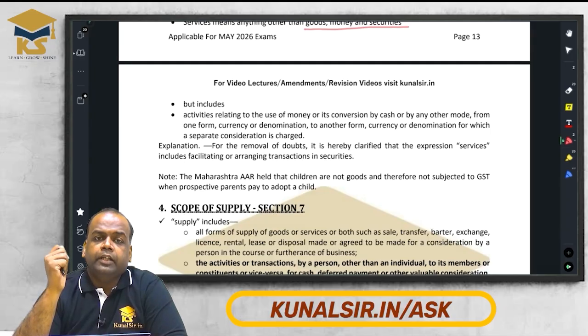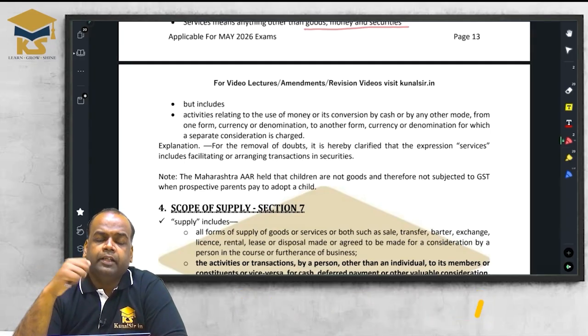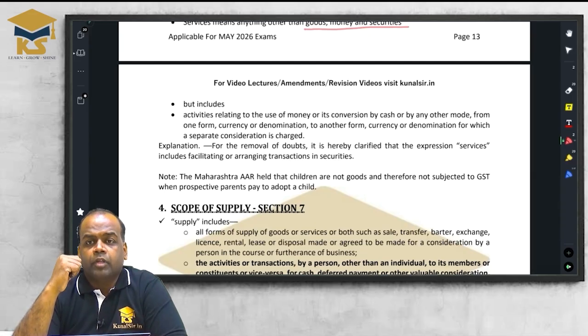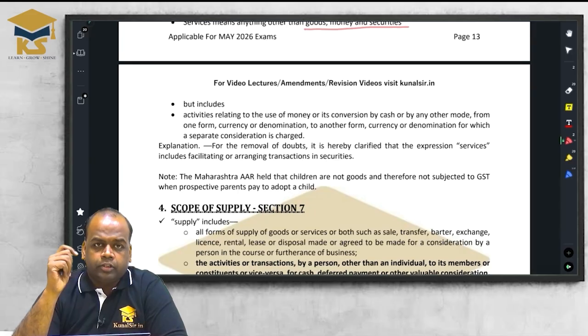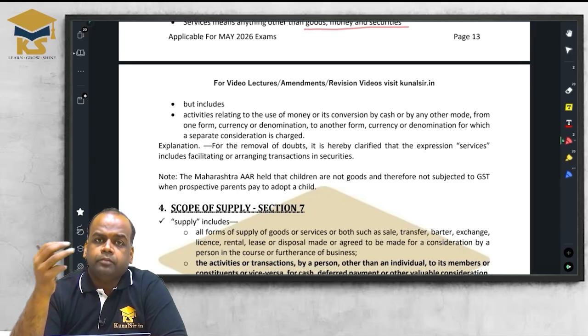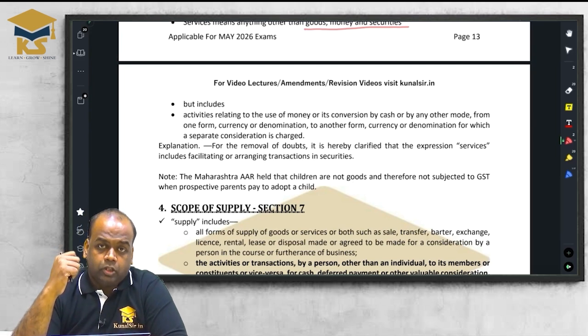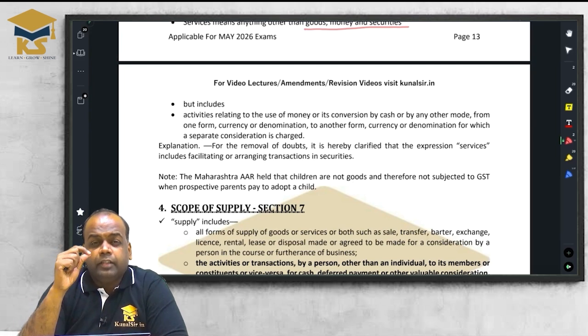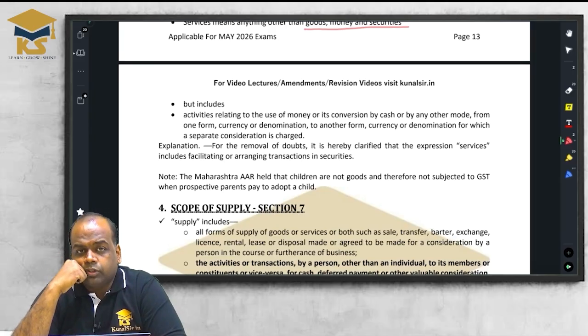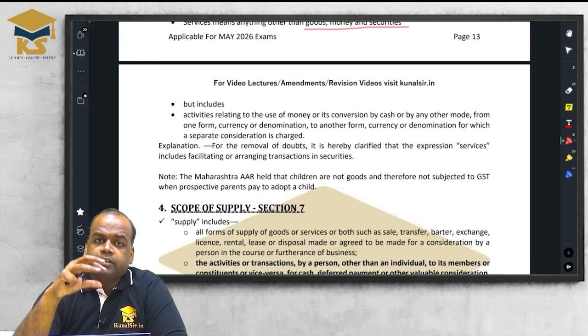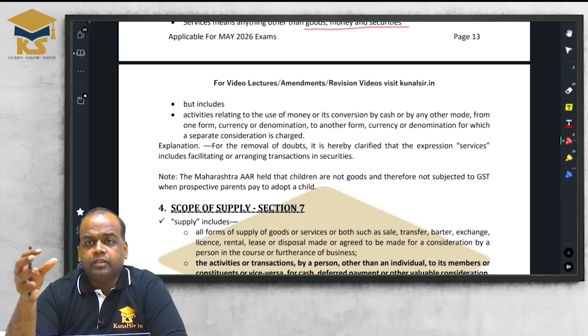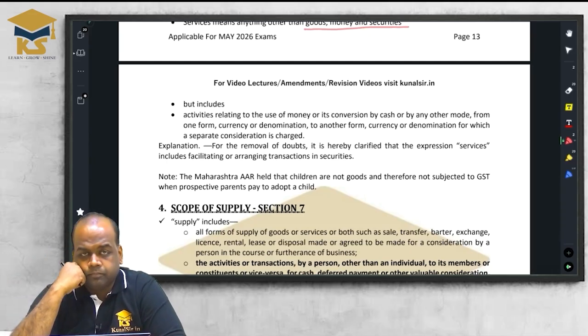To serve the kids, to feed them, to buy clothes, to repair and maintain the building, they need some money. So how will that orphanage get money? First they get donations. Second, whenever any person adopts a child, they have to pay something to the orphanage for their betterment. So now whether that transaction will be treated as supply of goods, like the orphanage is supplying kids to the person and charging something in return.